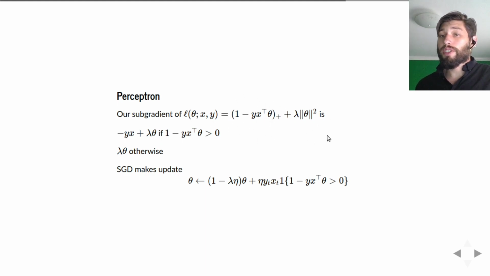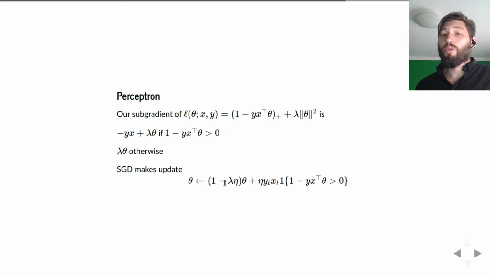hinge loss. For this part, this still has a non-trivial subgradient. And so in the case that we are on the correct side of the margin, we have minus y times x plus lambda times theta. And otherwise, it's just lambda times theta. And so our SGD in this case is going to make the following update.